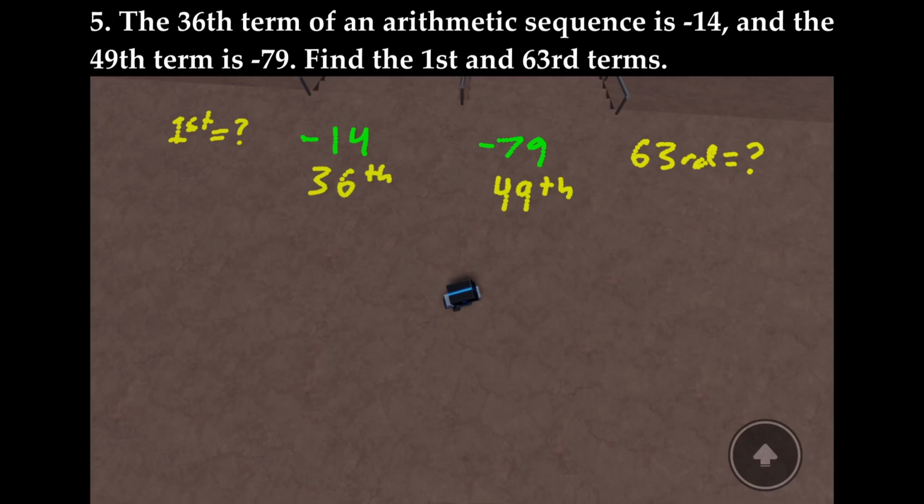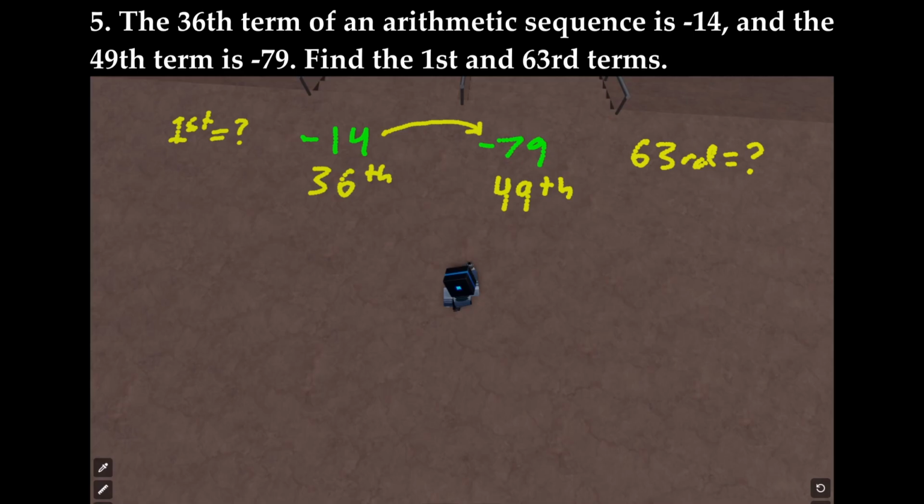In this problem, we have that the 36th term is negative 14, and the 49th term is negative 79, and we need to find the first term and the 63rd term of this arithmetic sequence. So to solve this, we need to first find the common difference and work from there. To find the common difference, first think about how far apart are negative 14 and negative 79. So in other words, how much did we travel when we went from negative 14 to negative 79?